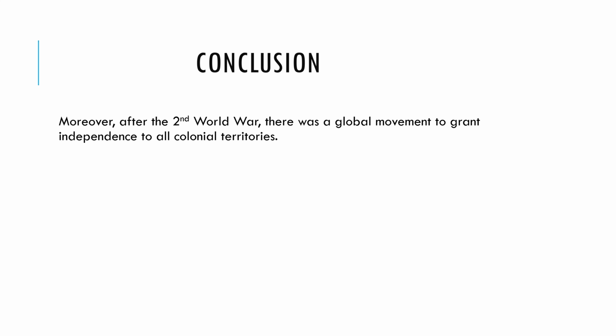Moreover, after the Second World War, there was a global movement to grant independence to all colonial territories. That allowed the African colonies to gain independence without necessarily meeting the 4 conditions.